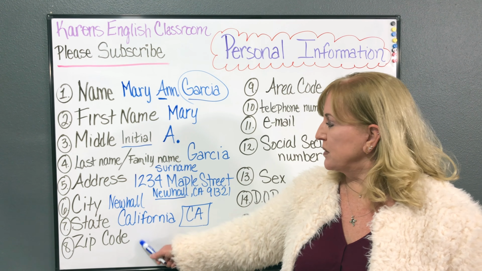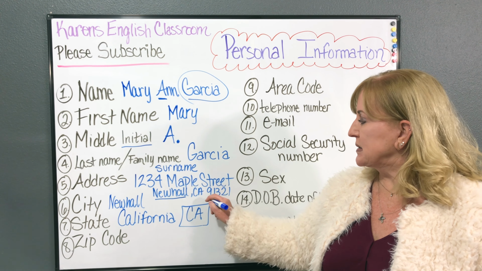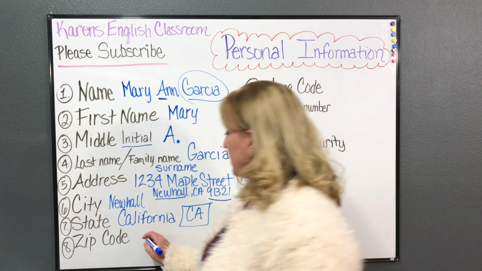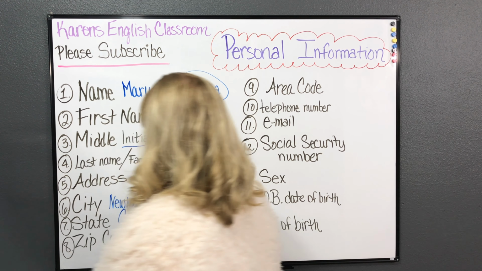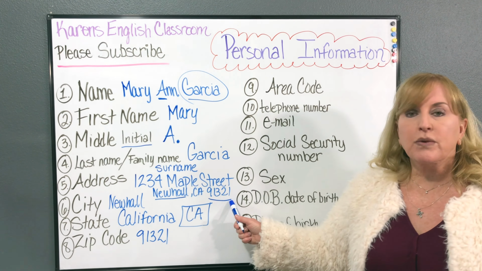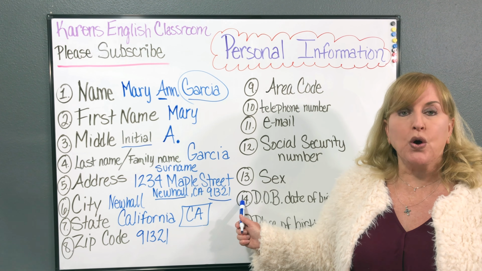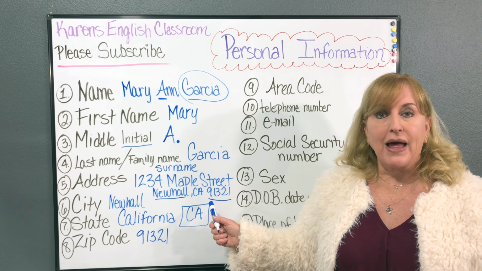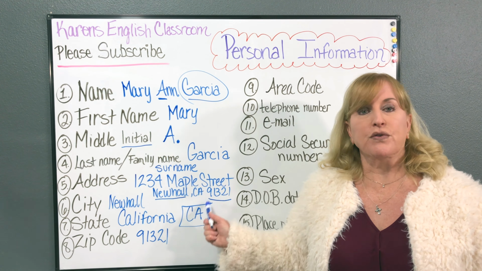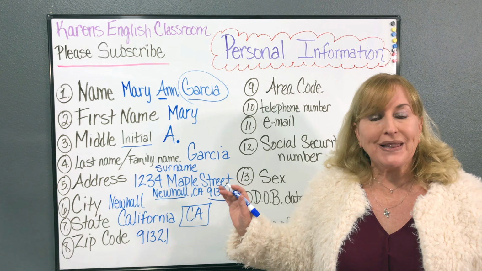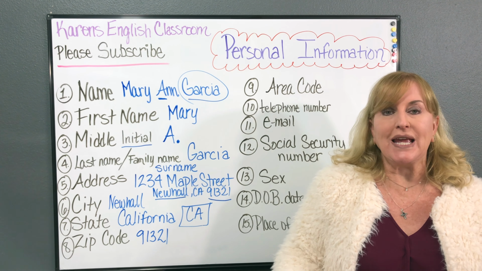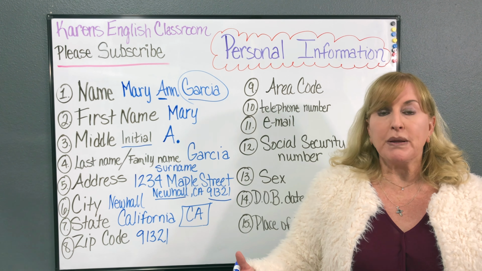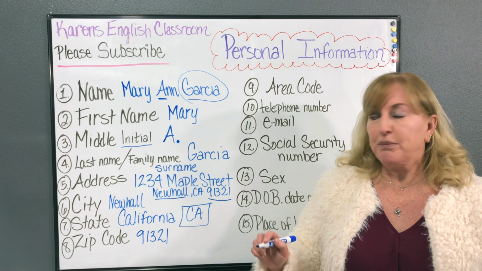Now, zip code. I look up here at my address, 91321. Okay, 91321 is my zip code. Now, it's important, class, to have all this information complete. You can't leave out your zip code. You can't leave out the state. There's a lot of people in the world, so you need to be very complete.